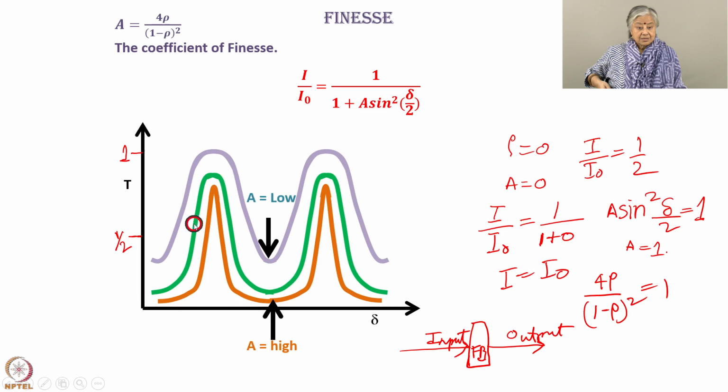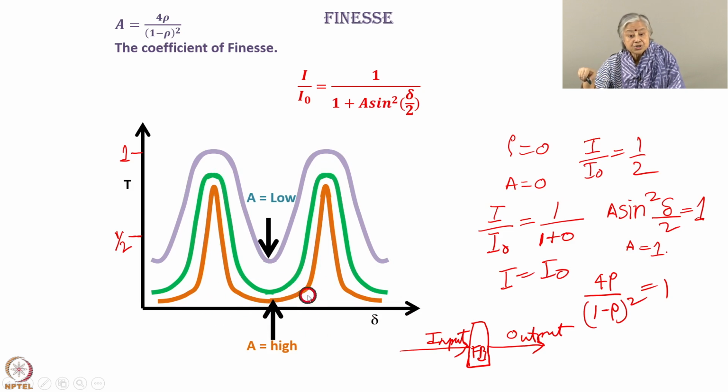interference pattern. But then again, I am not interested in say 1 here if the image is so blurred, like this purple diagram. I will be interested in this red kind of interference pattern. That means I get a maximum transmission and I get a minimum transmission, which are well separated out.